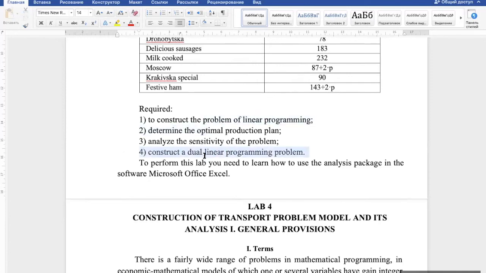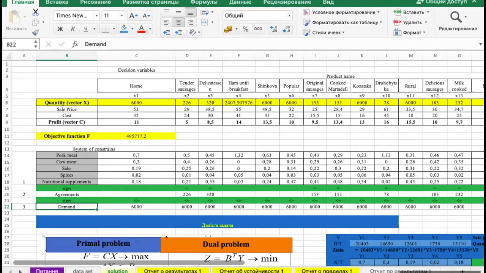Next, we did the first and second tasks, and the last task is that we need to analyze the sensitivity of the problem. For this reason, I need to use Solver (поиск решения). So now we need to analyze our primal problem. We talk only about this kind of problem.